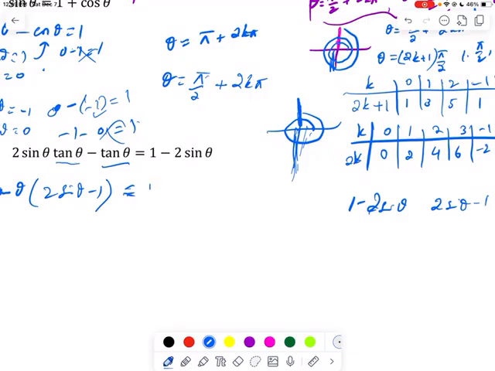So now we will not divide by the term 1 minus 2 sine theta, but we will bring everything on one side of the equation and make the other side 0.